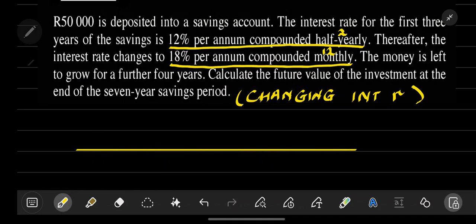Okay, it is important to draw a timeline. So our timeline, of course, starts at 0. All your timelines will start at 0. This will be the beginning of your timeline, and then you have to know where it is going to end.